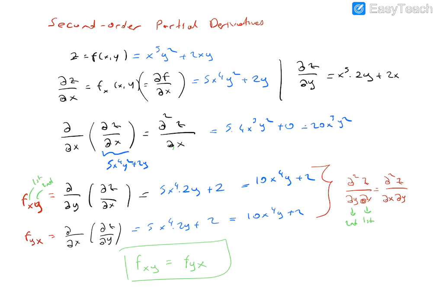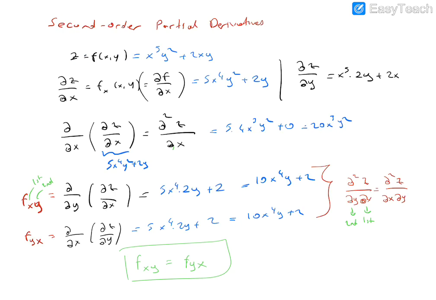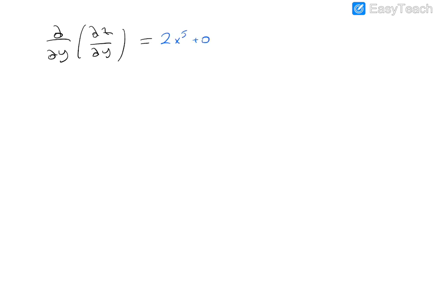So what is that one? Here, the derivative of 2y is 2, so 2x to the power 5. The derivative of 2x is 0. So 2x to the power 5 plus 0. So also this can be calculated, as you see.